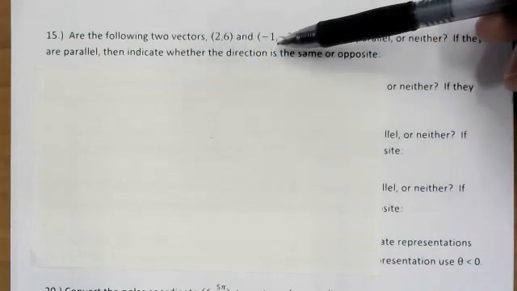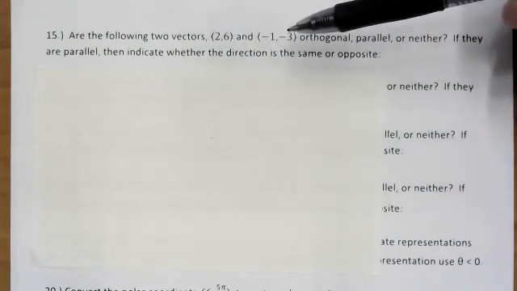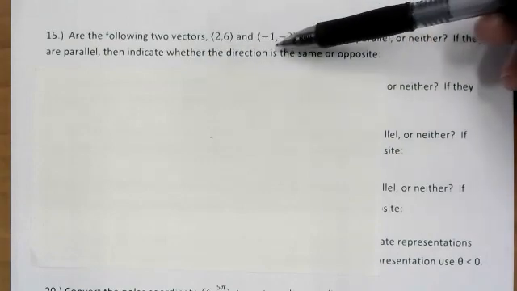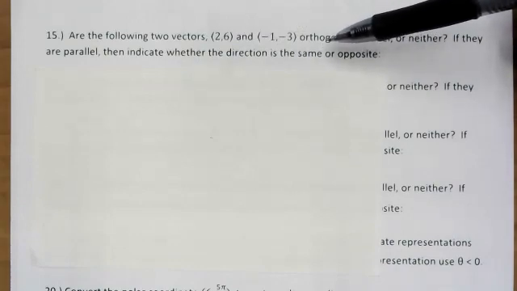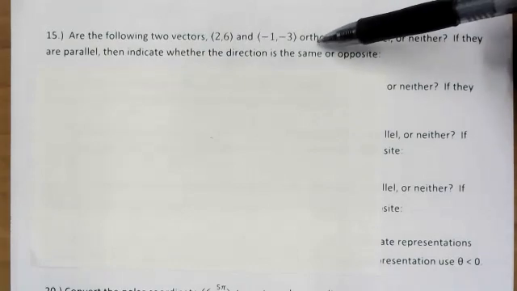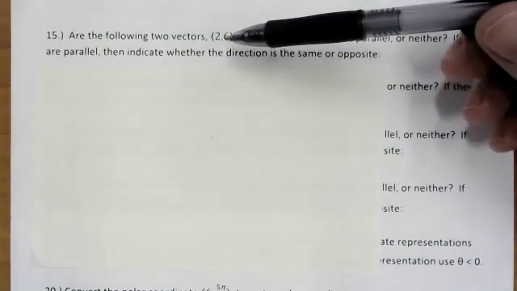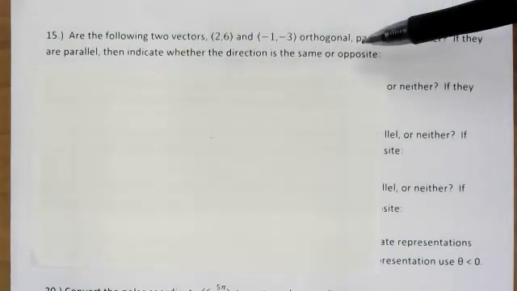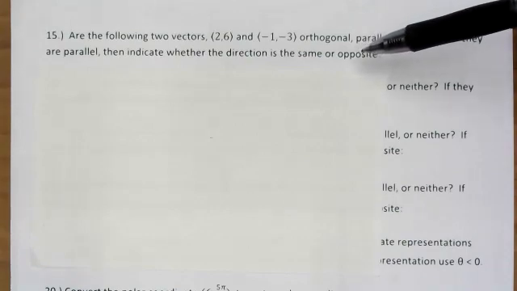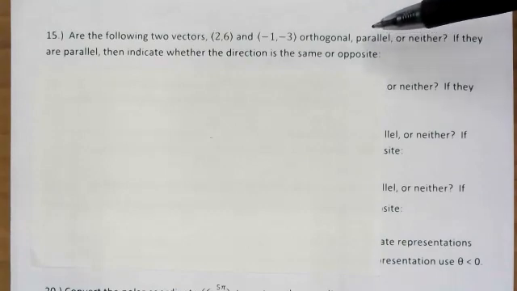So we have 2 vectors. Basically, what we're going to do is find the angle between the 2 vectors. If the vectors are orthogonal, that means the angle between them is 90 degrees. If the vectors are parallel, then the angle between them is going to be either 0 or 180 degrees.